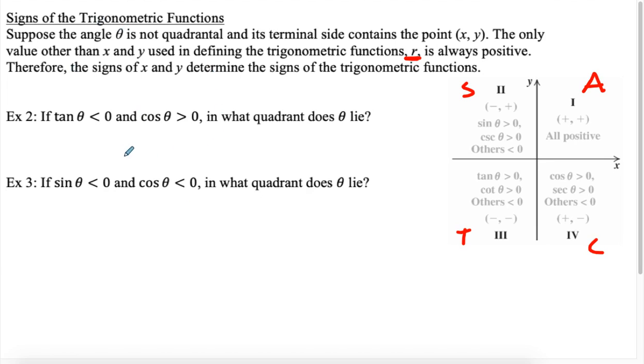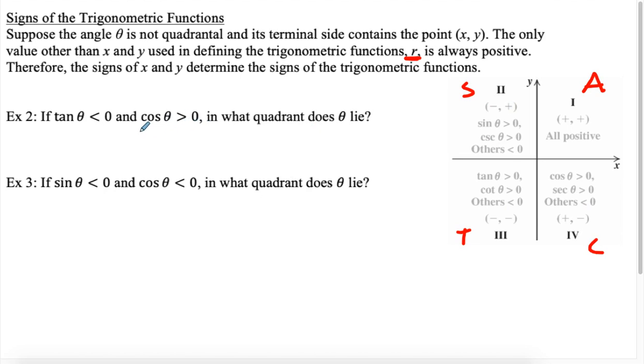If we know that tangent is less than 0, that means it's negative, and cosine is positive, where does our angle lie? In what quadrant? Well, if tangent is negative, that automatically tells me we're in either quadrant 2 or 4. Tangent's negative in quadrants 2 and 4, and cosine is positive.